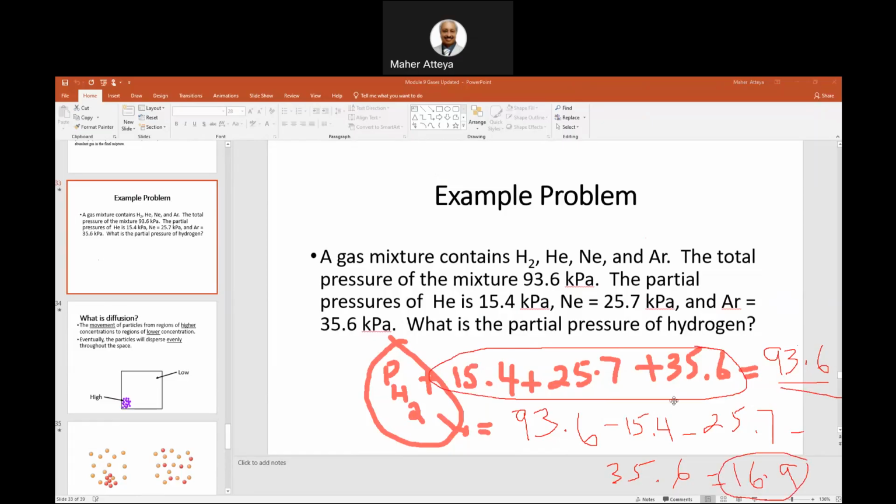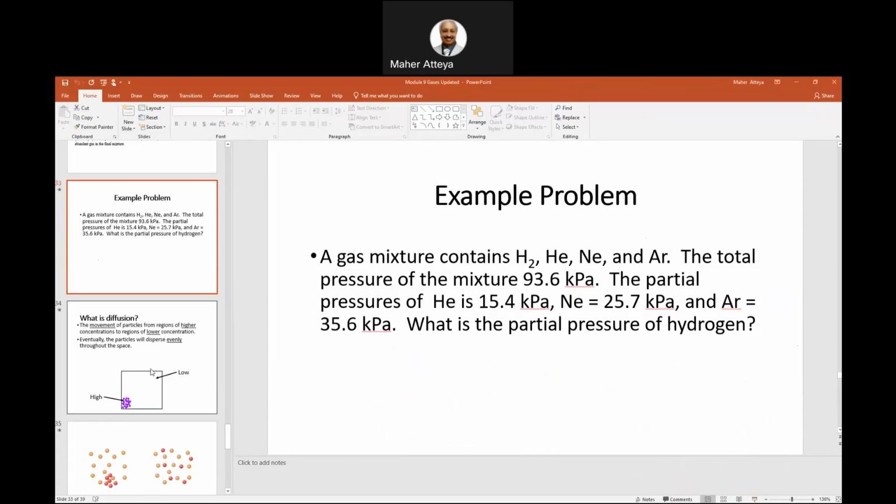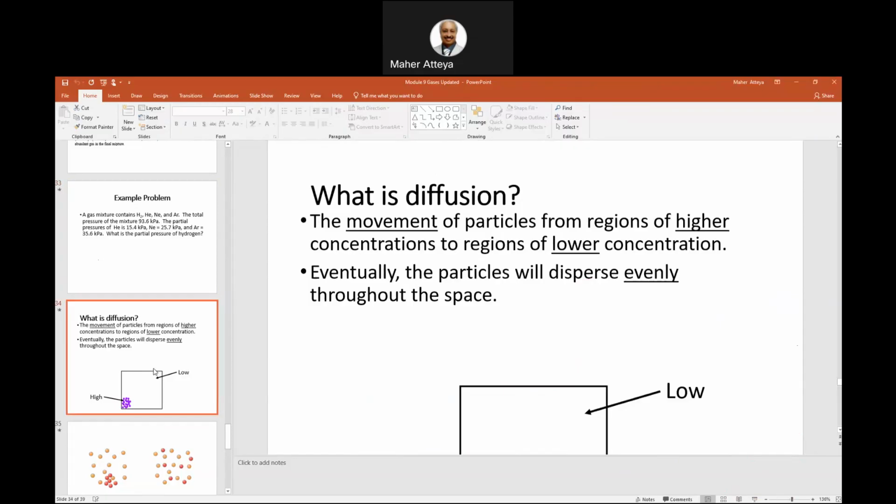The last topic in this chapter is diffusion. If you are taking A&P biology, there is A&P 1 and A&P 2. Diffusion is the same definition whether you are taking biology or chemistry or physics or engineering. You always go from higher concentration to lower concentration, correct?